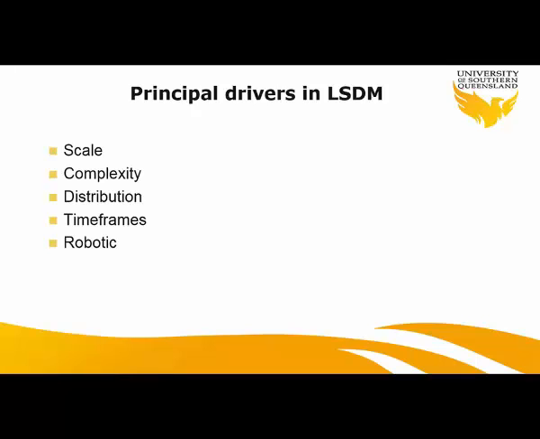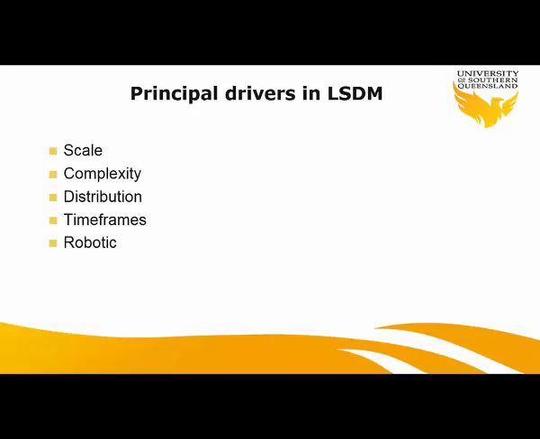The next one is complexity of the surface. We no longer have a very simple, well-defined surface. Most of the surfaces we are dealing with in metrology are very complex, like the surface of aircraft, spacecraft, missiles, high-speed trains. All those are examples.